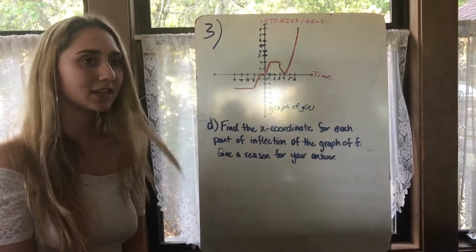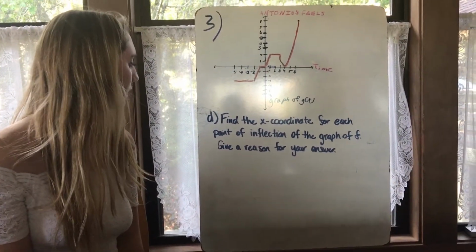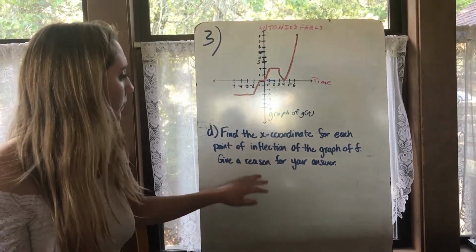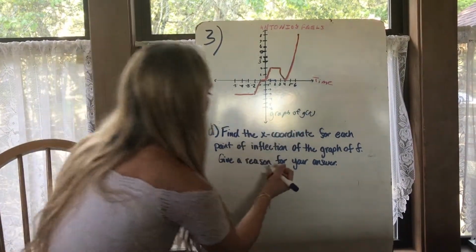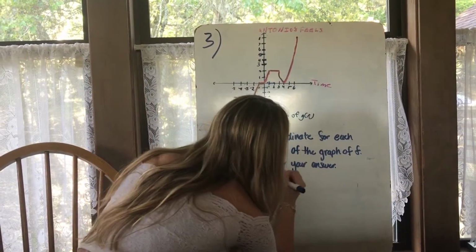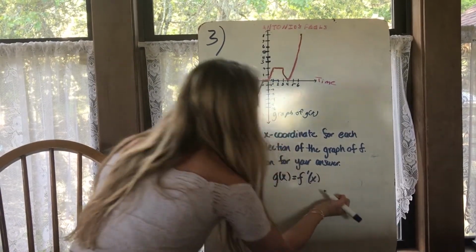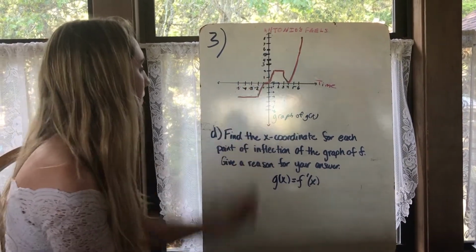So for part D, it asks, find the x-coordinate for each point of inflection of the graph of f. Give a reason for your answer. So, first of all, just like we did in the previous problem, we have to state that g of x is equal to f prime of x, stating the relationship between the f function and this graph.